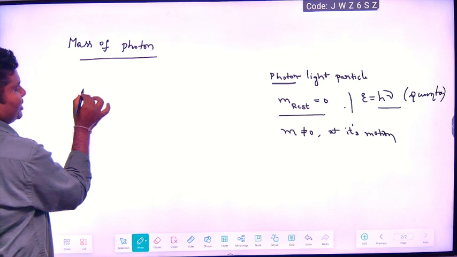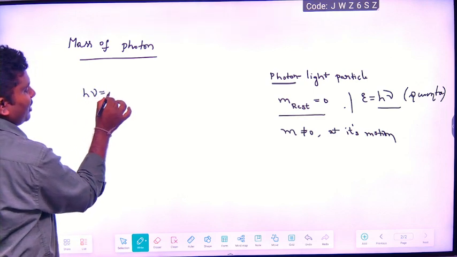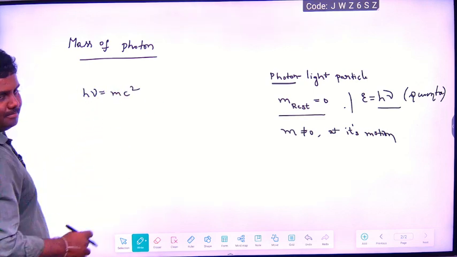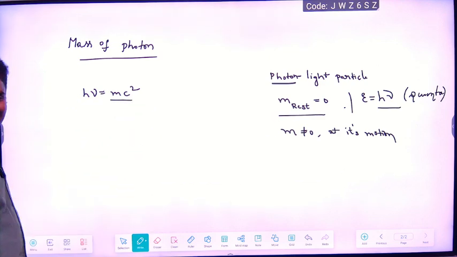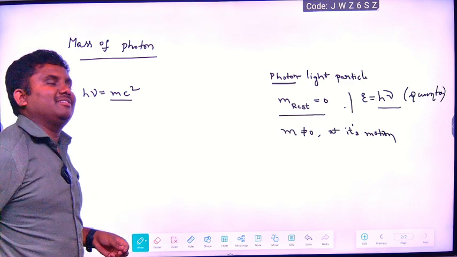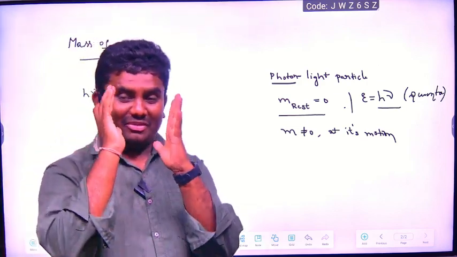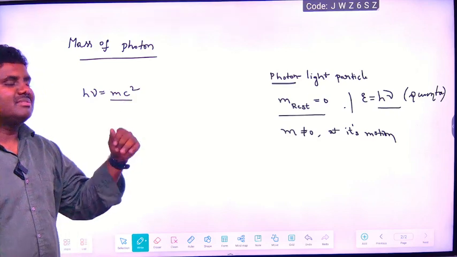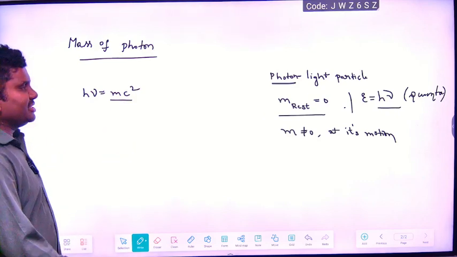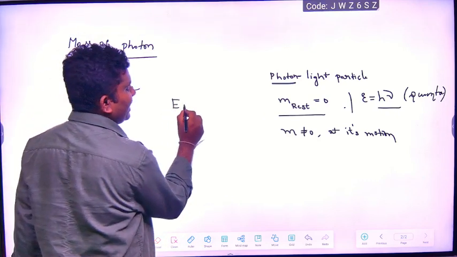Now you know energy h mu is equal to mc square. What does mc square mean? It is the mass-energy relation by Einstein. Einstein says that whenever a body is moving with maximum velocity, like light particles moving with the speed of light, 3 times 10 to the power of 8 meters per second, then energy is equal to mass times the square of the velocity of light.